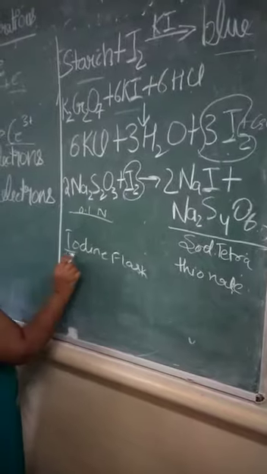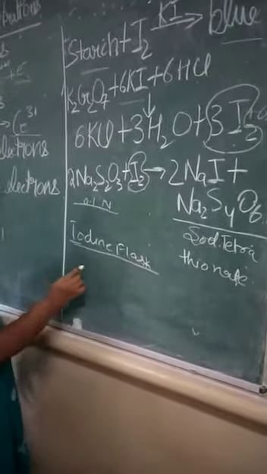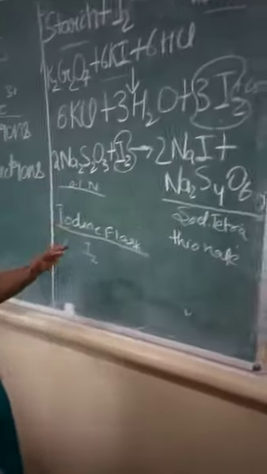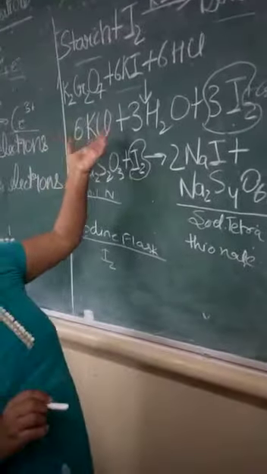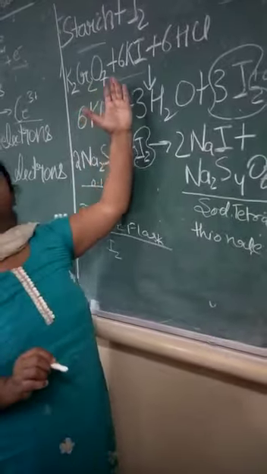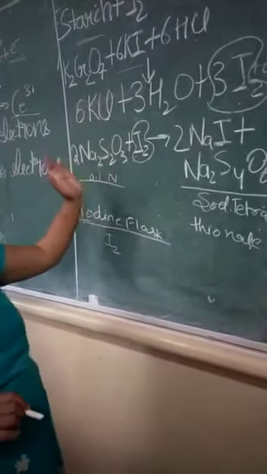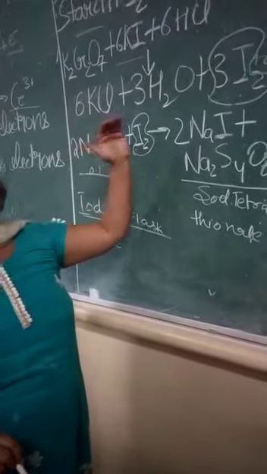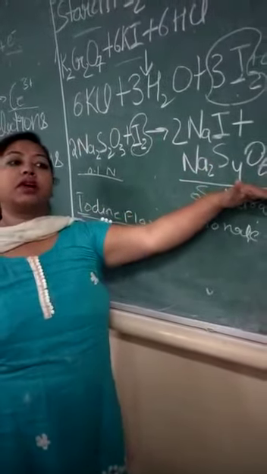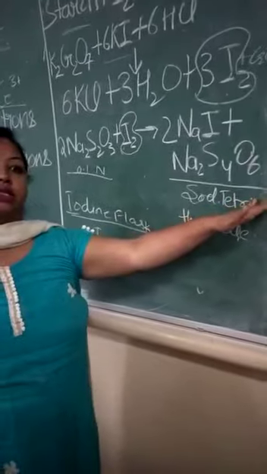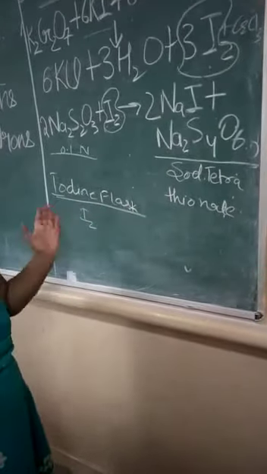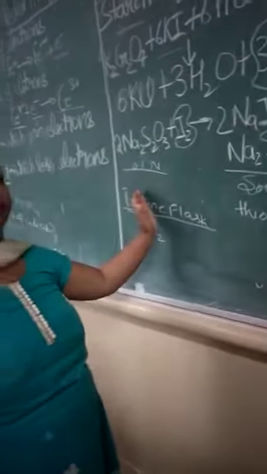So we take an iodine flask so that iodine remains in the flask and reacts more and more with potassium dichromate and potassium iodide, and reacts with sodium thiosulfate to give sodium tetrathionate. So let us see the iodine flask and the performance of this experiment in the laboratory.